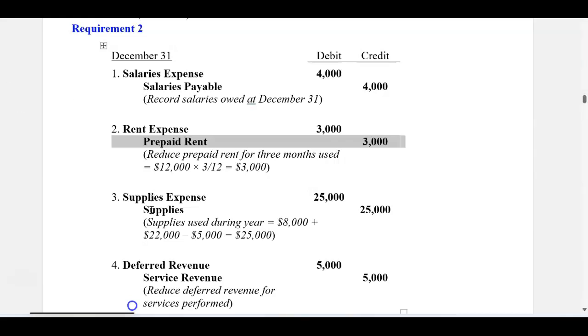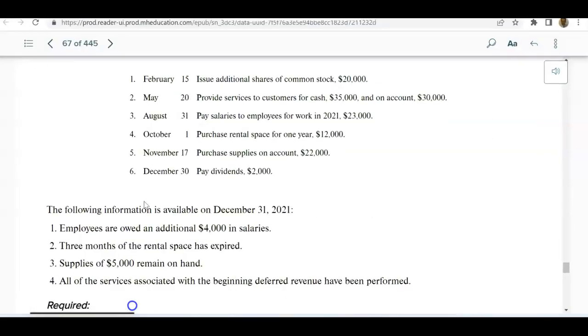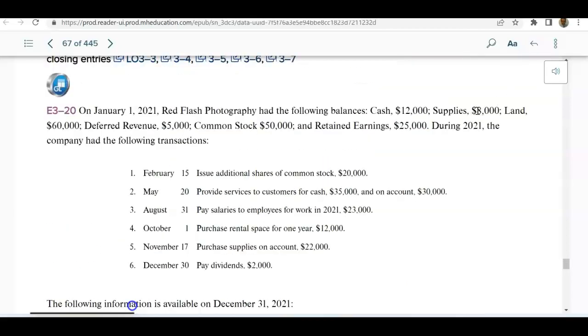So here is supply expense. Saying that you have supplies of $5,000 on hand. So if you look in here, it says you have supplies of $8,000 at the beginning, and then you purchased supplies of $22,000.